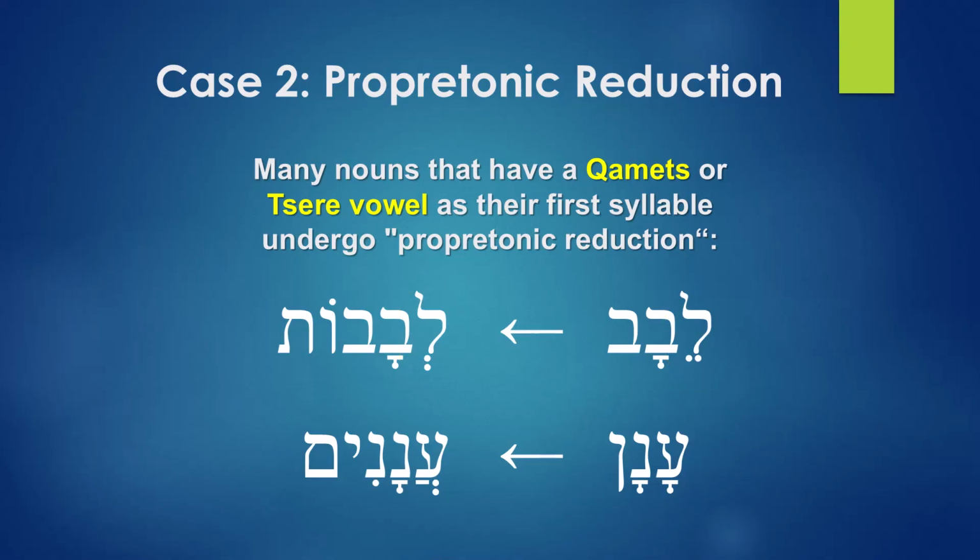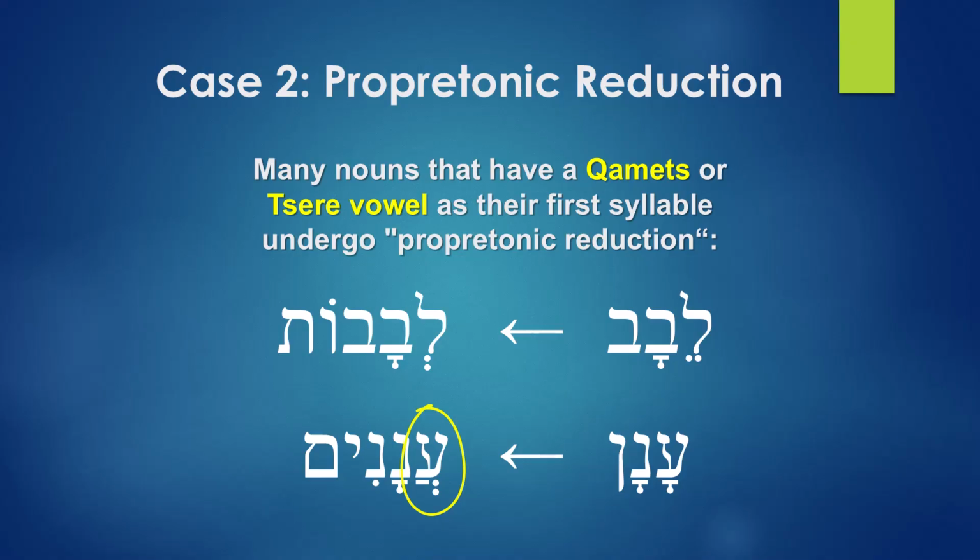Again, you have the last one there. Anan means cloud. If you want to say clouds, it's going to be ananim. Ananim means clouds. Now, what has happened? The ayin has taken a hatef patach. Why? Because ayin is a guttural. If you remember gutturals, there are three important rules on gutturals. One of the rules says that gutturals prefer compound shuas.